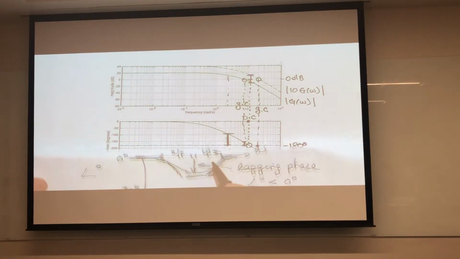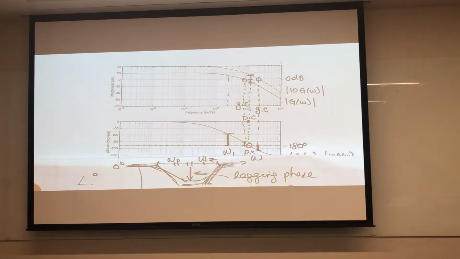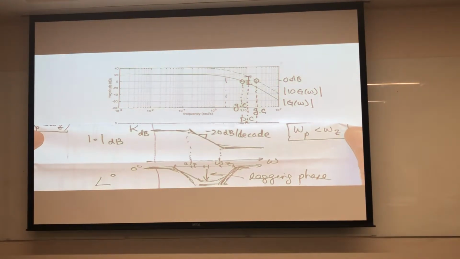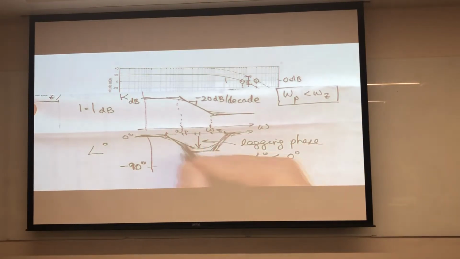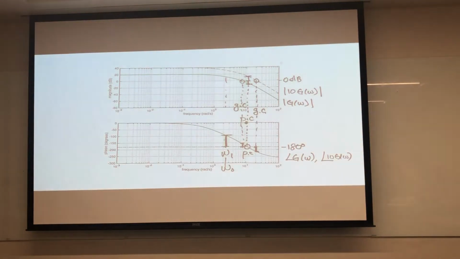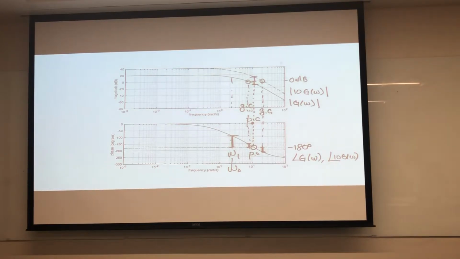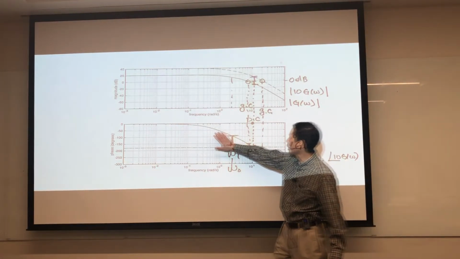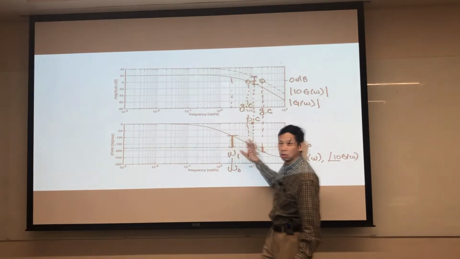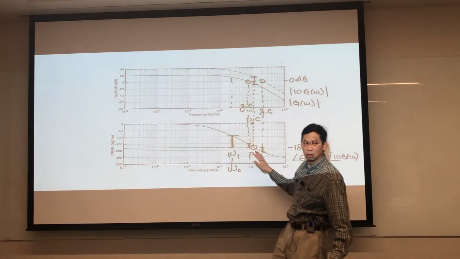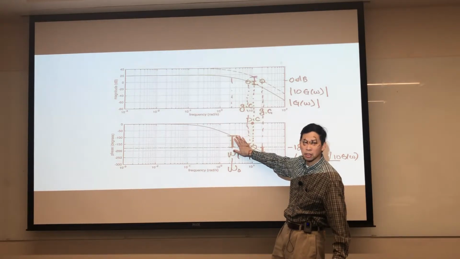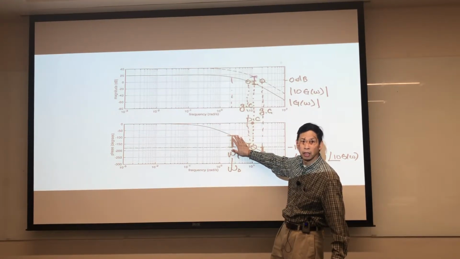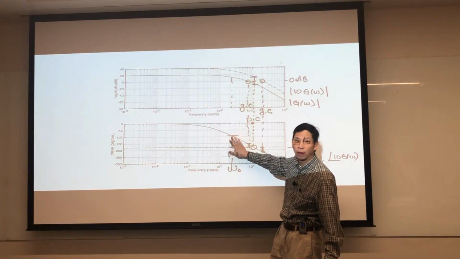I need to pick omega p and omega z relative to omega 1. This is also going to reshape itself depending on my choice of omega p and omega z. I don't want to mess up the measurements here. I know that I will mess up the phase. The curve will be reshaped, but I don't want to mess up this. So what do I do? Put omega p far away from this.